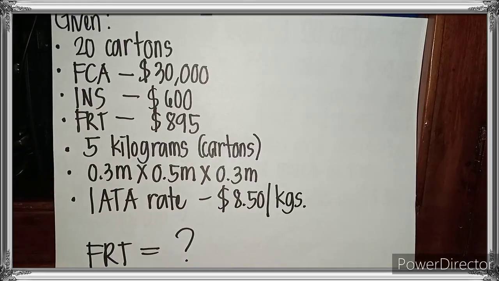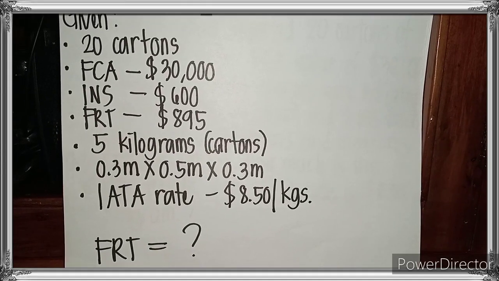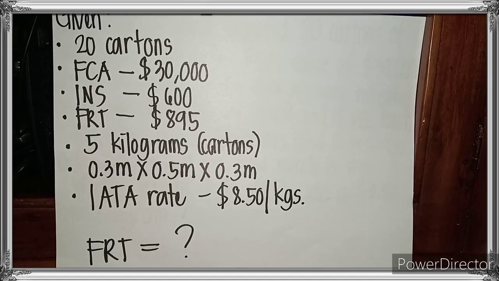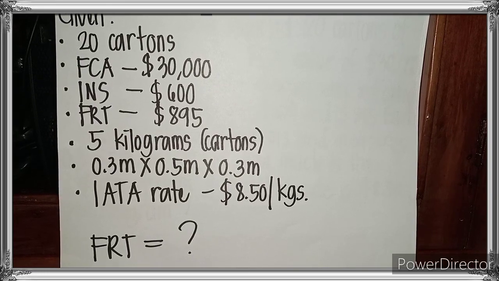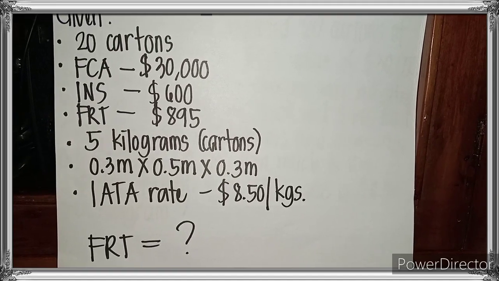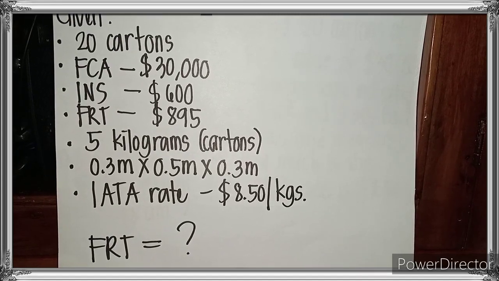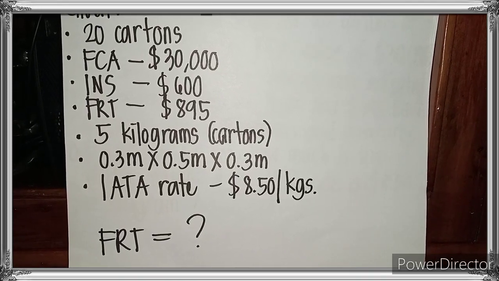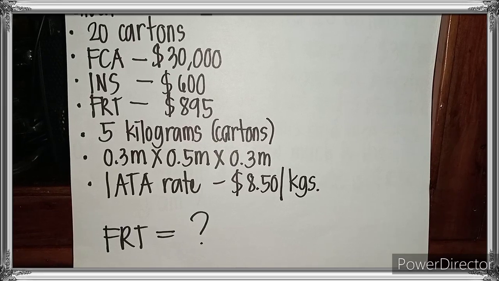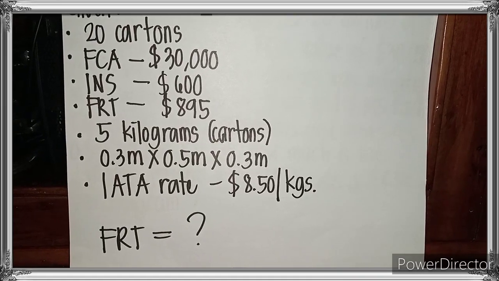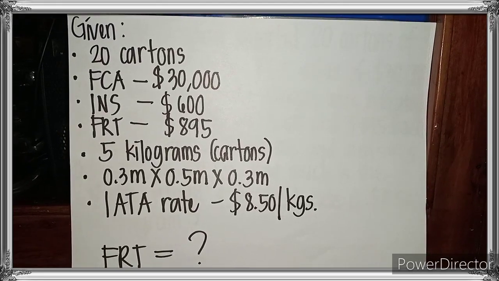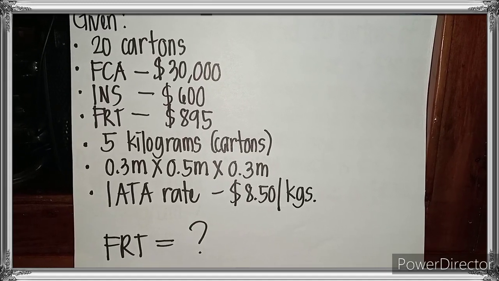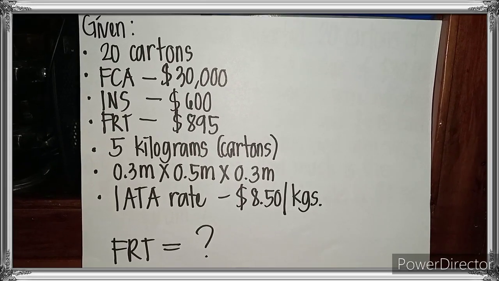Before proceeding with the solution, the givens are: 20 cartons, FCA value of $30,000, insurance of $600, freight of $895, 5 kilograms per carton, measurements of 0.3 by 0.5 by 0.3 meters, and an IATA rate of $8.50 per kilogram. What we need to find is the freight.